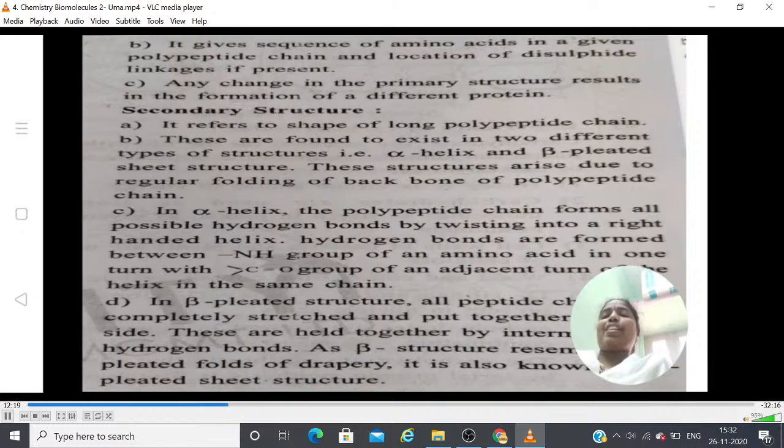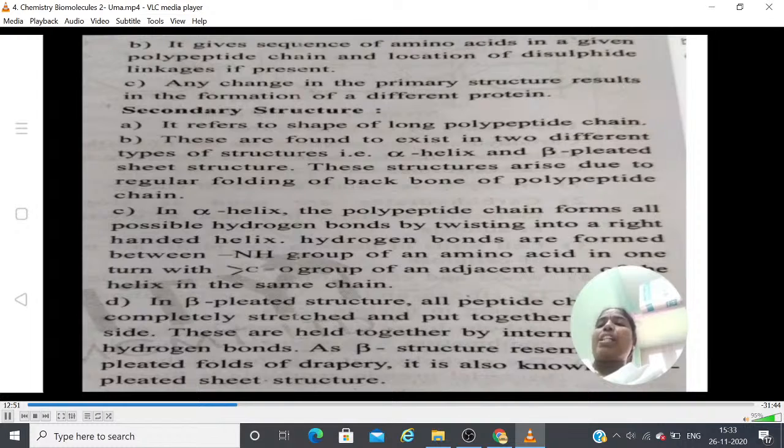The first one is alpha helix, and the second one is beta pleated sheet structure. These structures arise due to regular folding of the backbone of the polypeptide chains.